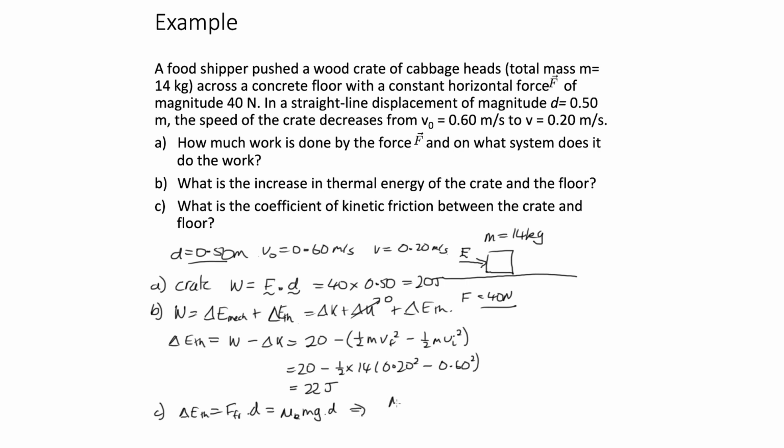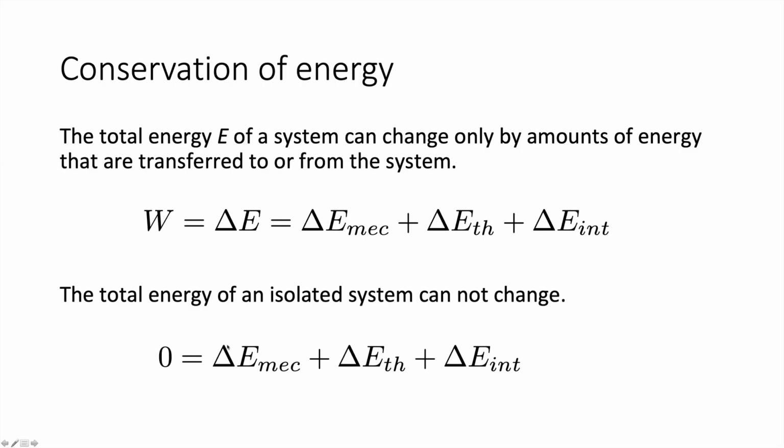So I can rearrange this and say, well, mu k is equal to the change in thermal energy divided by mgd, which is equal to the 22 joules divided by 14 times 9.8 times 0.5, which is equal to 0.32. Okay, so this brings us to the conservation of energy, which is a very, very powerful idea in physics.